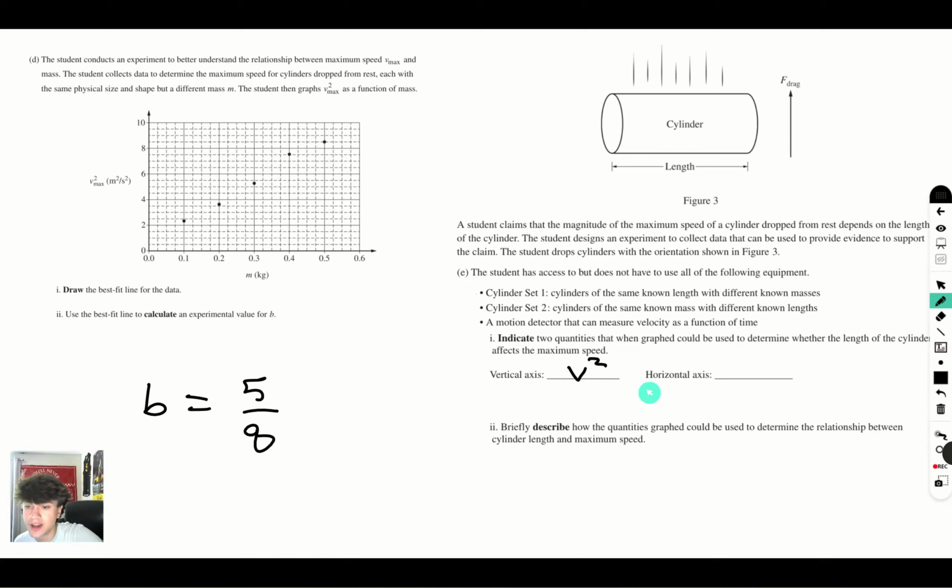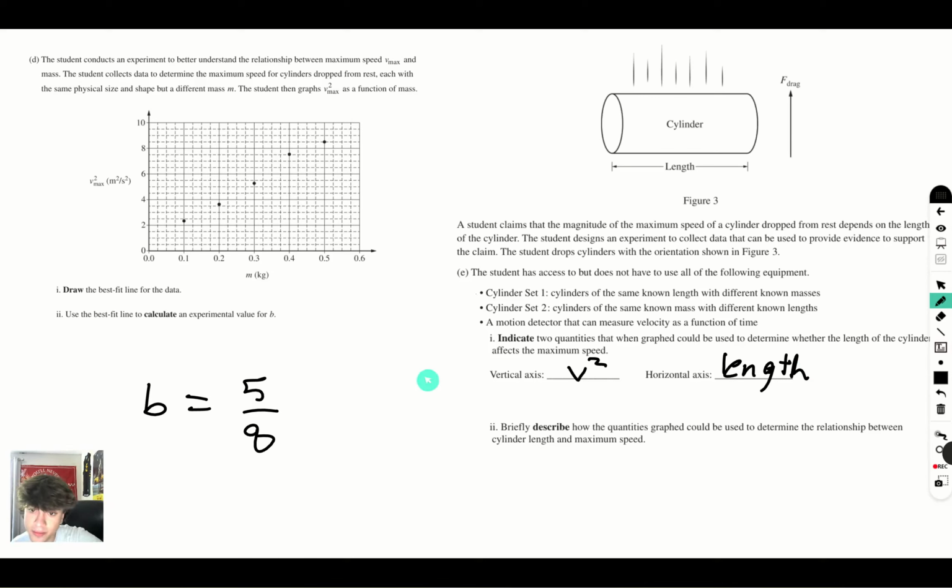On the horizontal axis, it makes sense to put the independent variable, which is the variable that we're changing, which should be the length. So we'll put the length here, and if the length does play a role, as the length increases, the vertical axis is going to either go up or down based on how this affects it.